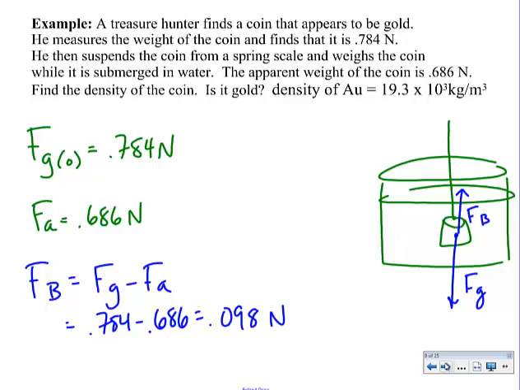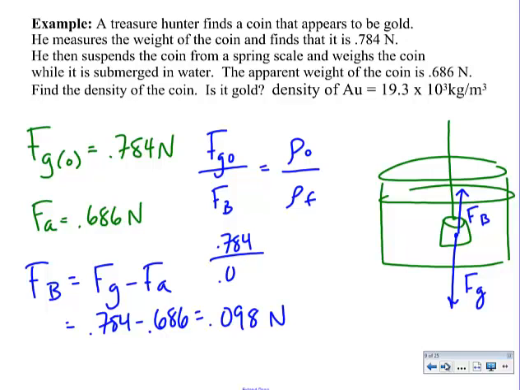And now let's use the formula that we just learned about. We know that the weight of the object over the buoyant force equals the density of the object over the density of the fluid. So the weight of the object was 0.784. The buoyant force is 0.098.